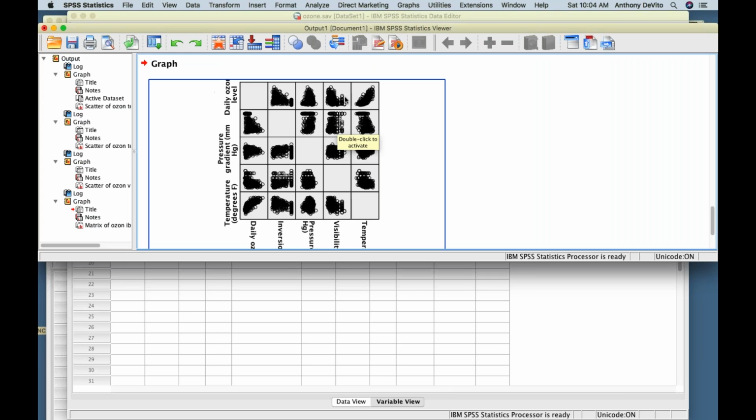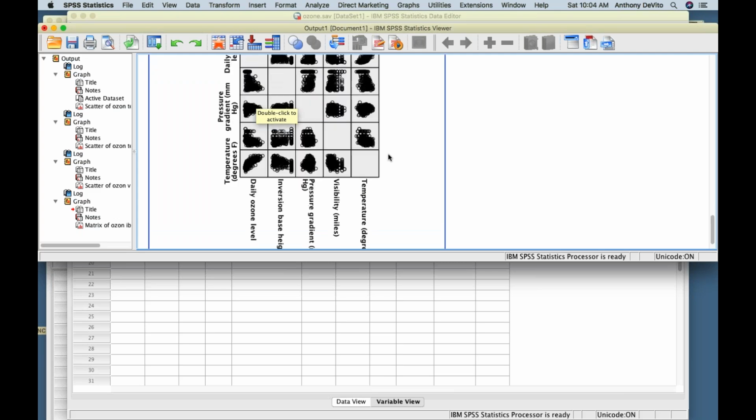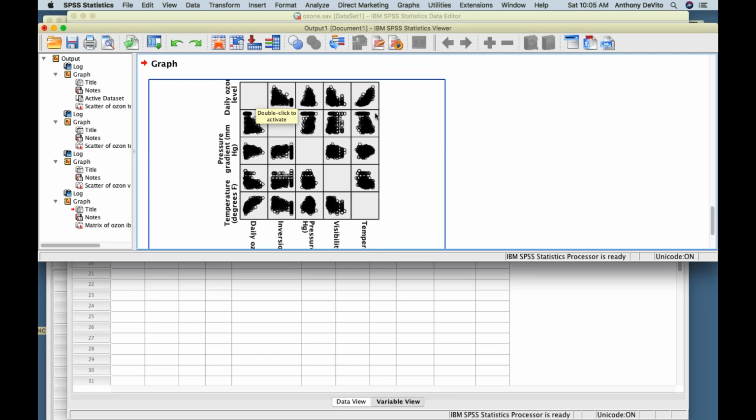So we see the ozone level versus temperature here, but we also see it down here as well. See the mirror image, right? And that's why these boxes in the middle are empty, because in those boxes you're comparing something to itself: ozone level to ozone level, pressure to pressure, and so on and so forth. Okay, so that's a quick way of taking a quick look at these things.